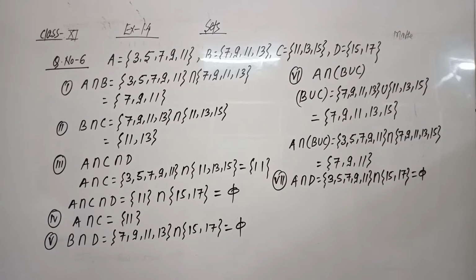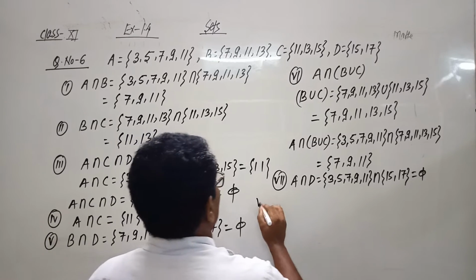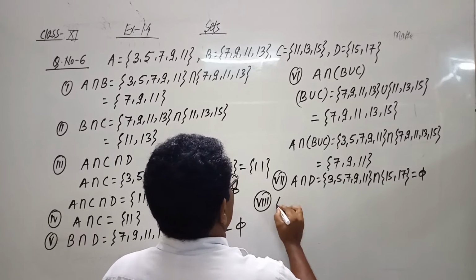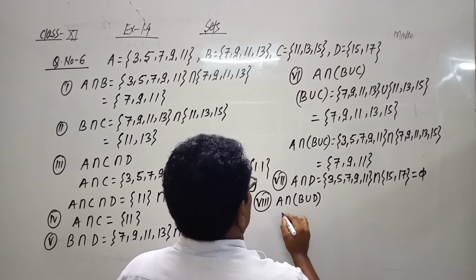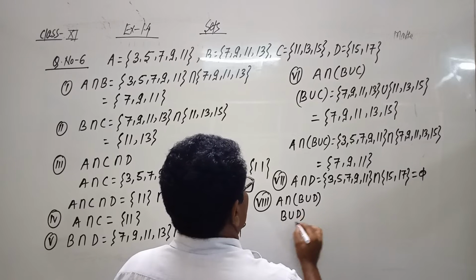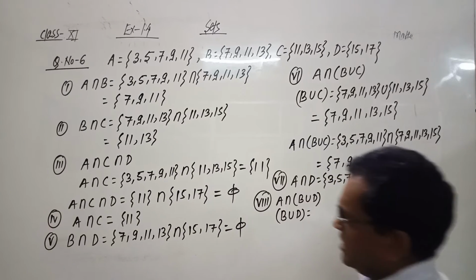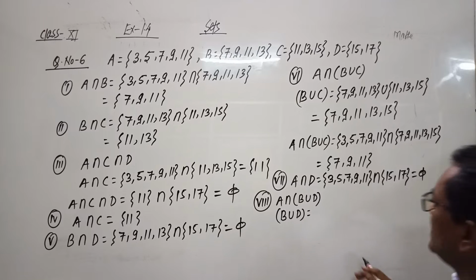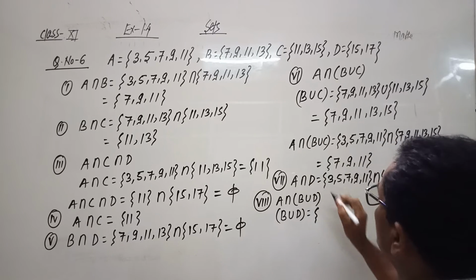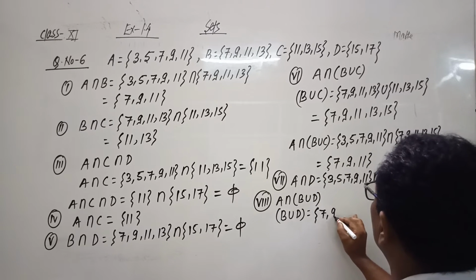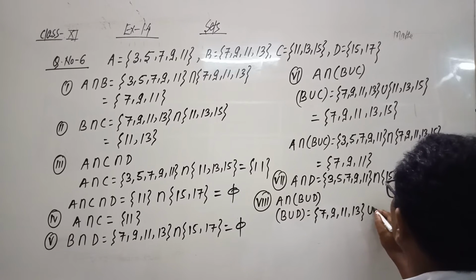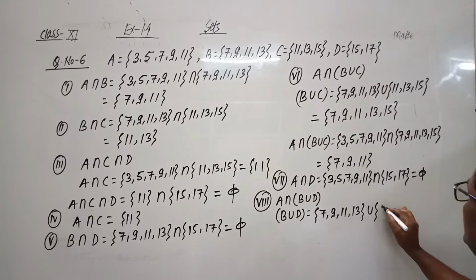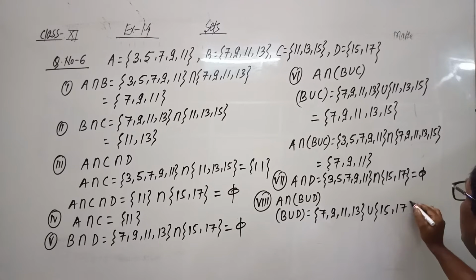Then 8th question. A intersection B union D. We calculate first B union D. The value of set B is 7, 9, 11 and 13, then union D. D is 15 and 17.